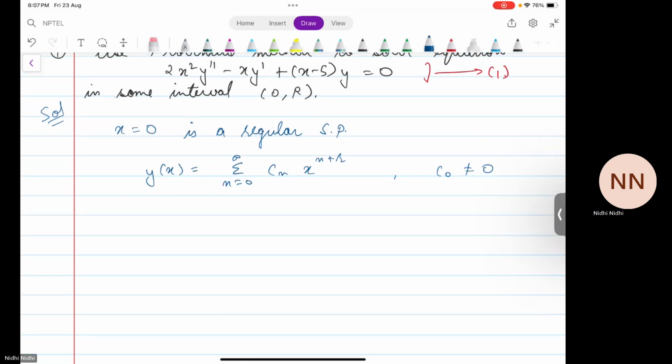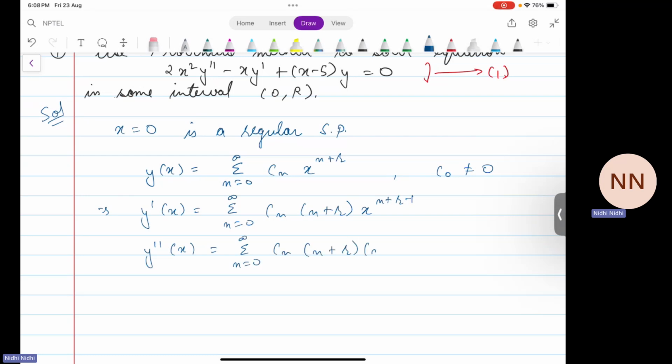So this implies y dash x is equal to summation n from 0 to infinity Cn n plus r x to the power n plus r minus 1, y double dash x is equal to summation n from 0 to infinity Cn n plus r n plus r minus 1 x to the power n plus r minus 2.